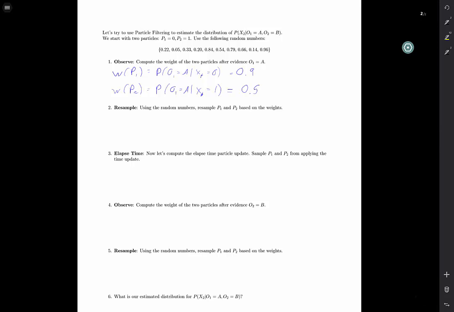So now we do the resampling step of particle filtering. So using the random numbers, resample P1 and P2 based on the weights.